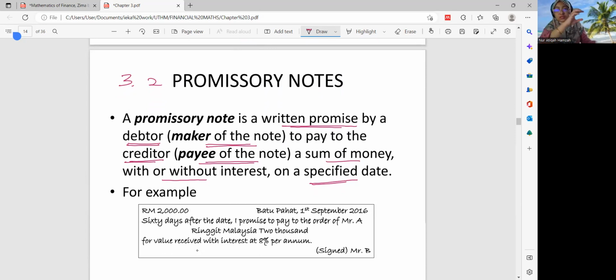Contoh, si A bagi pinjam duit kepada B. So B ni buat promissory notes. Jumlah duit yang dipinjam, bila nak bayar, and then berapa interest yang dia akan bayar. Itu adalah contoh promissory notes.